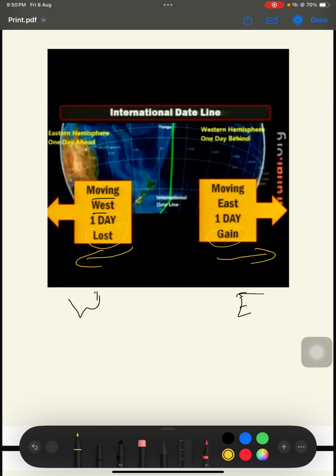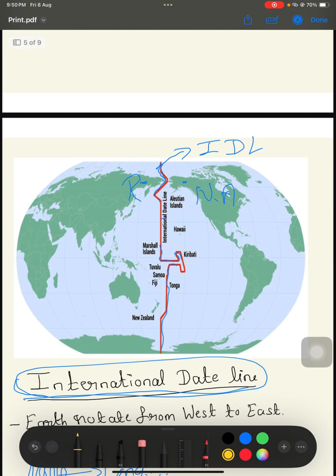Why will he lose? Because the sun rays will first hit in this region. At last it will hit here, because earth always rotates from west to east, like this it will rotate.